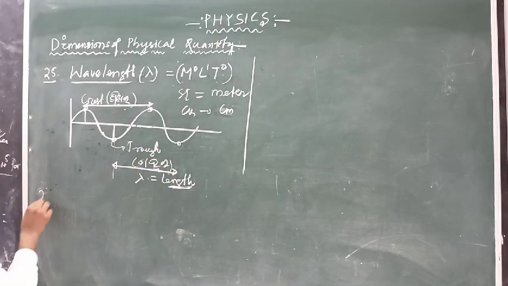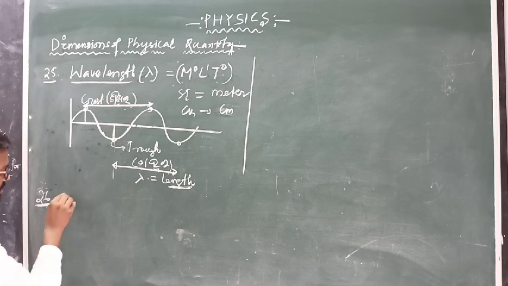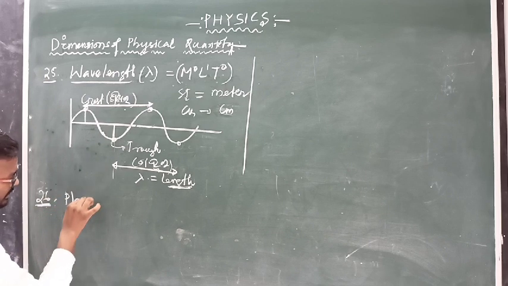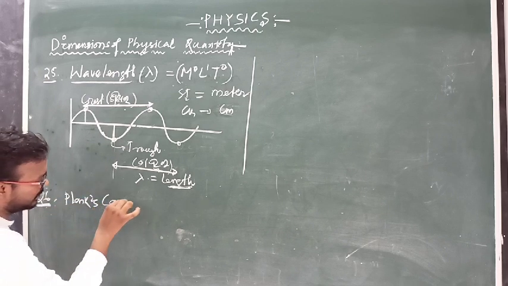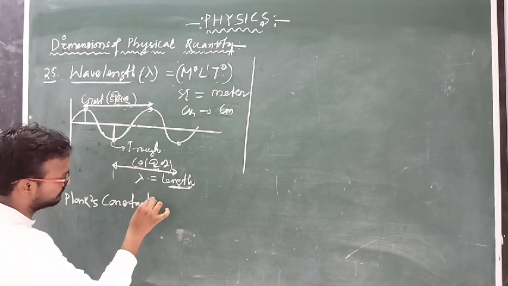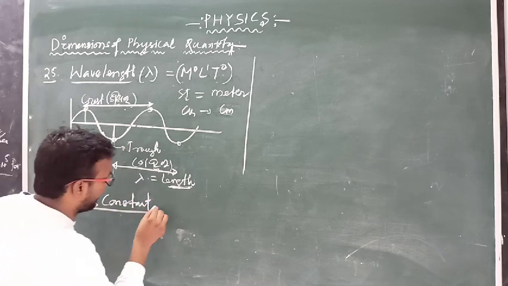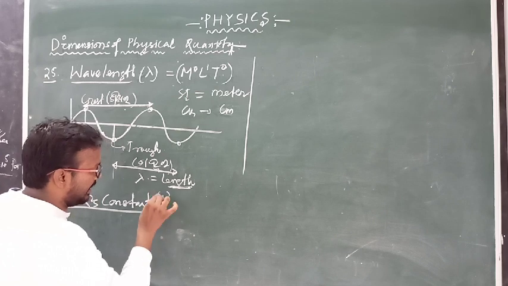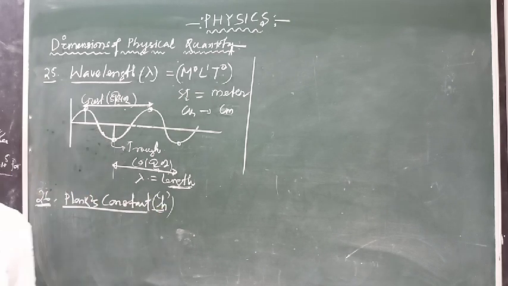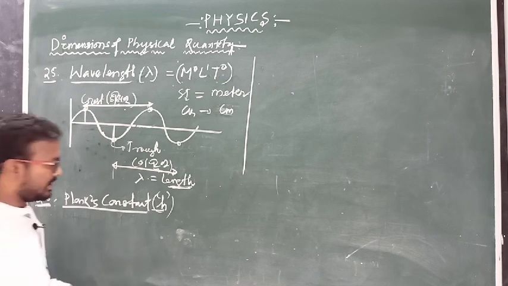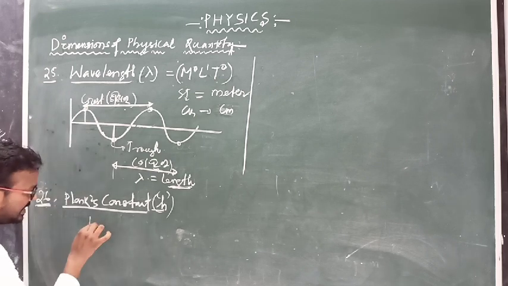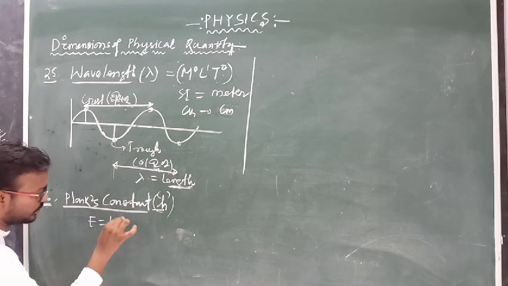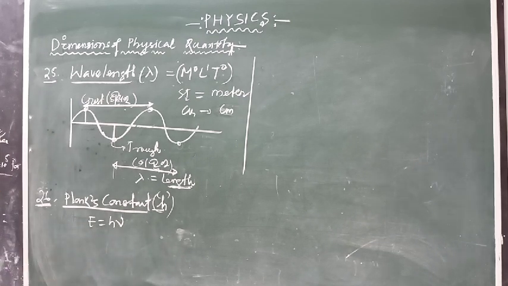Next, we have to find the dimension of the Planck constant. It is represented by h, named after the scientist. For the Planck constant we have a relation, E equals h nu. This is a famous relation.